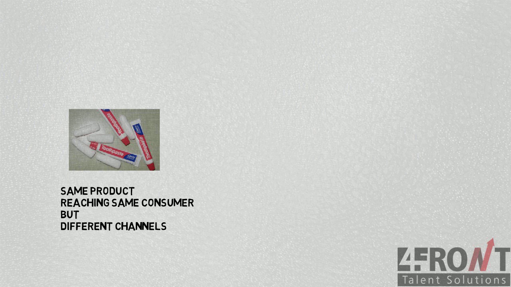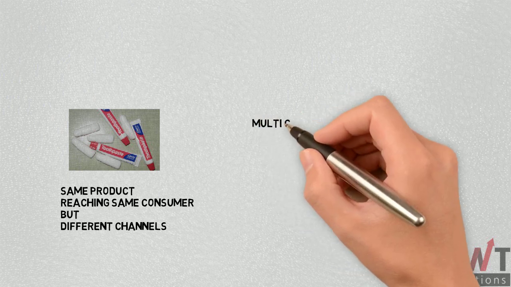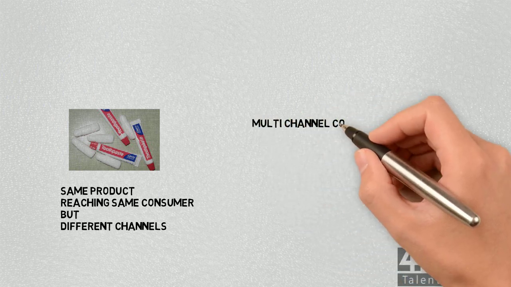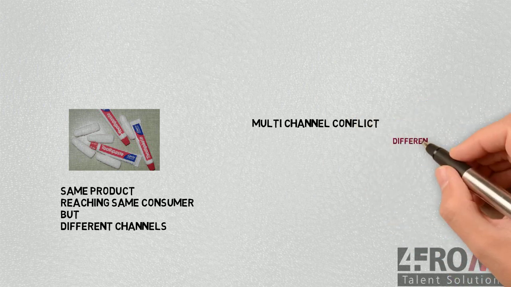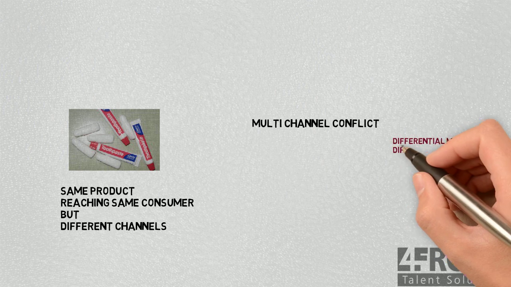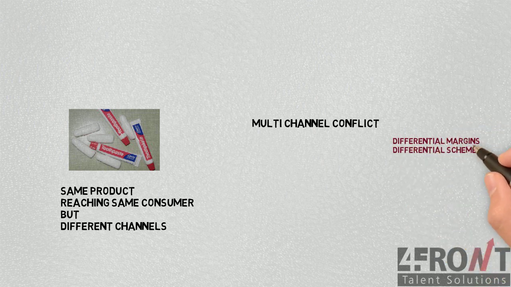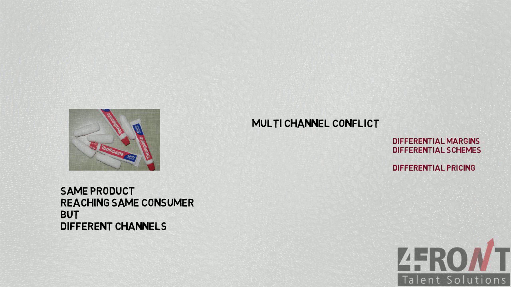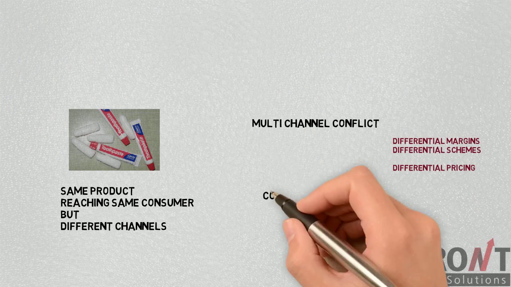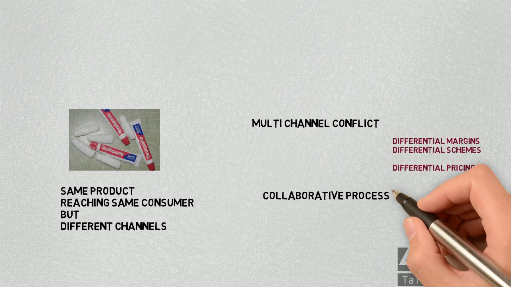This is called multi-channels, and often there is a case of multi-channel conflict. This arises because there is differential margins amongst the different channels, differential schemes and promotions, which all lead to differential pricings or a price war. The solution is collaborative processes.